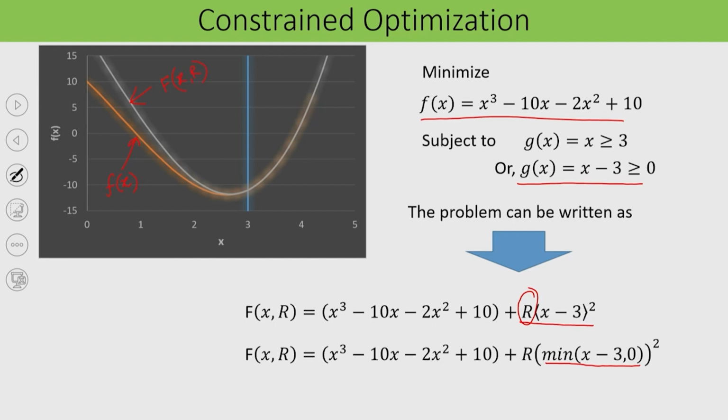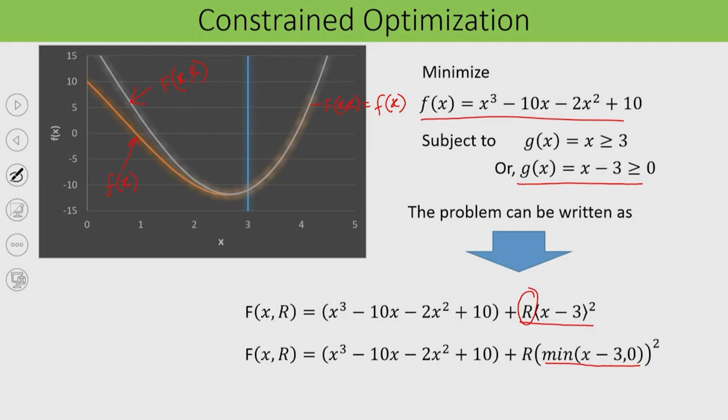Now I will try to find the minima of F. There is no penalty on the feasible region, so here F(x, r) is equal to f(x), but here the small f(x) and capital F(x, r) are different.